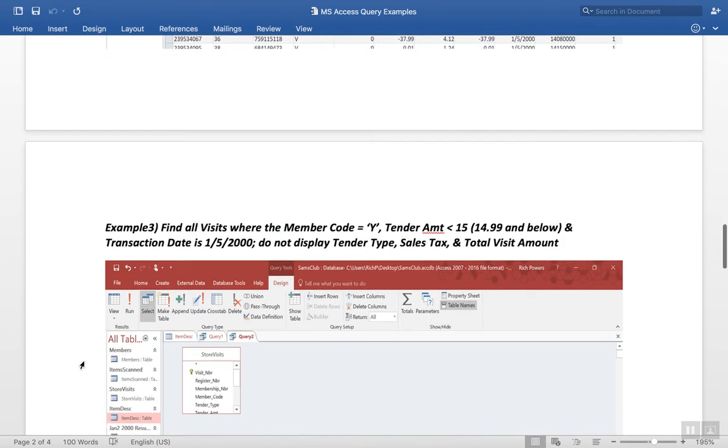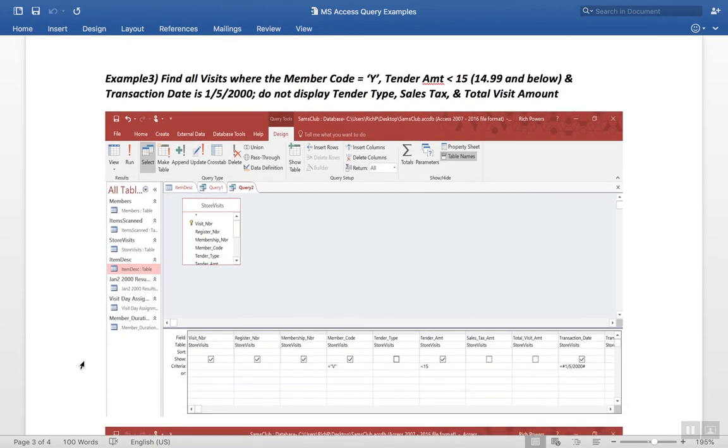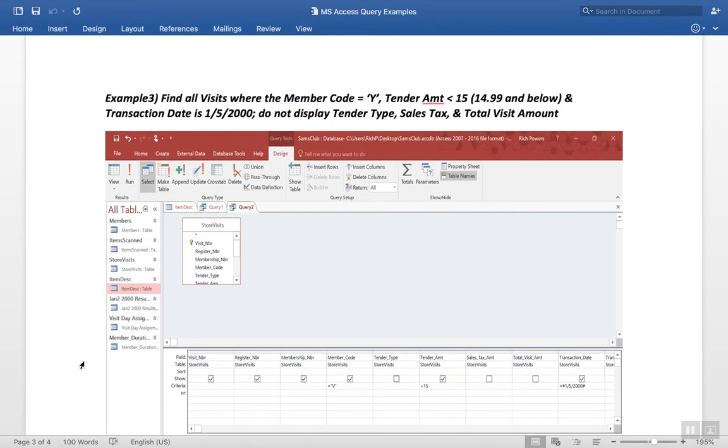Example 3 here. The member code equal, this actually should be V in the description here. My mistake. So member code equal V. It's a single table. We're not going to return the sales tax amount and the total visit amount, but we're looking for everything that's got a code of V, also under $14.99.